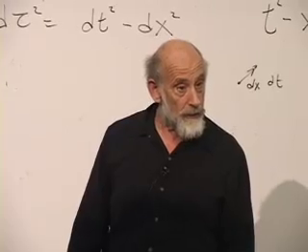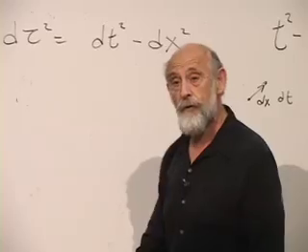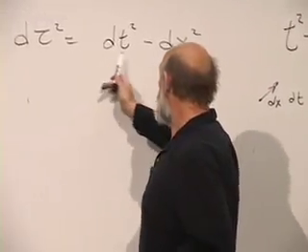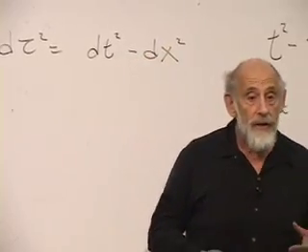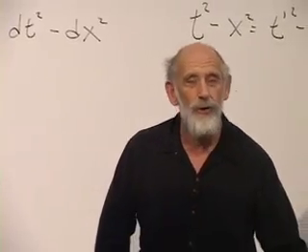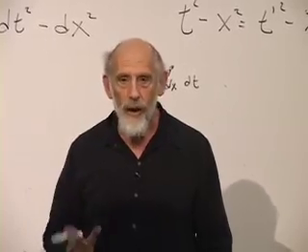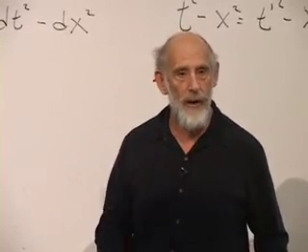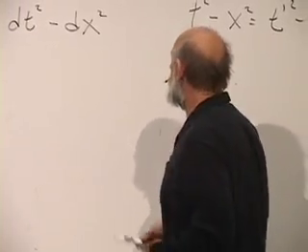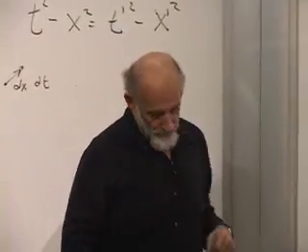If you work out how x and t transform, you'll find that things like t squared plus x squared or dt squared plus dx squared change from one frame to another. So they're not good candidates for invariant, measurable, well-defined, observable quantities. They vary from frame to frame. It's the quantity dt squared minus dx squared which is the invariant.